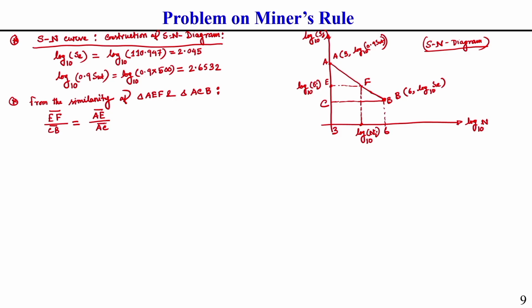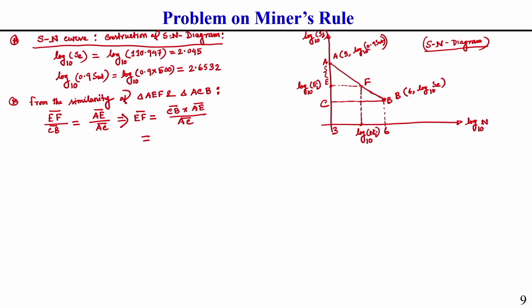AE is the smaller triangle's side and AC belongs to the bigger triangle. From this, EF equals CB into AE divided by AC. Now, everything is known.